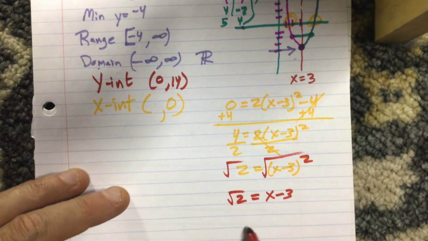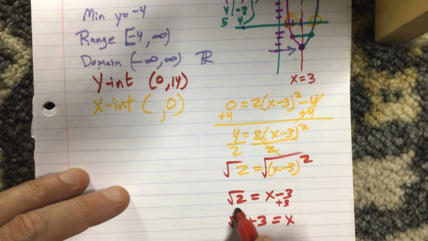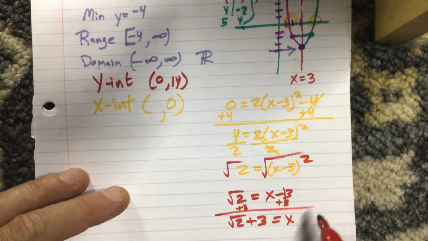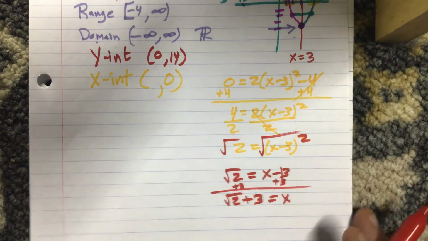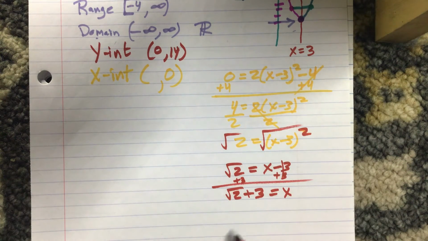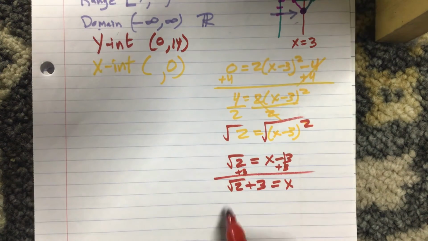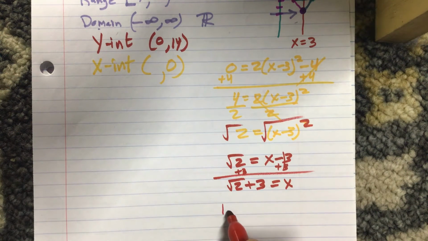Add 3 to both sides, and now you have square root of 2 plus 3 equals x. So I did plus 3 plus 3. And then we need a calculator to take the square root of 2, which is approximately, I do not have a calculator in front of me, I'm just going to say 1.4.